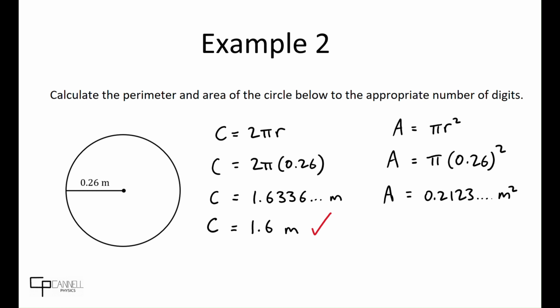And yes, it is going to determine the number of significant figures we write in A. So since r has 2 significant figures, yes, it's squared, but that's still going to be 2 significant figures. 0.26 times 0.26, that's a multiplication. So that's going to mean r squared has to have 2 significant figures, which means A has to have 2 significant figures. So we're going to round and write 0.21 square meters. And that's it.